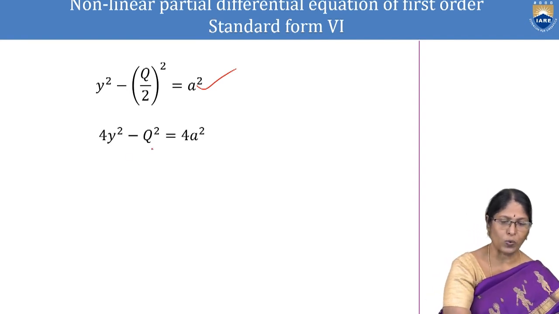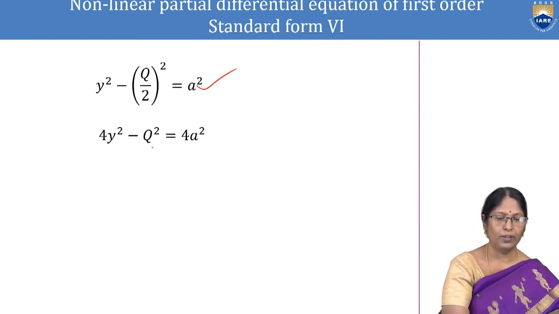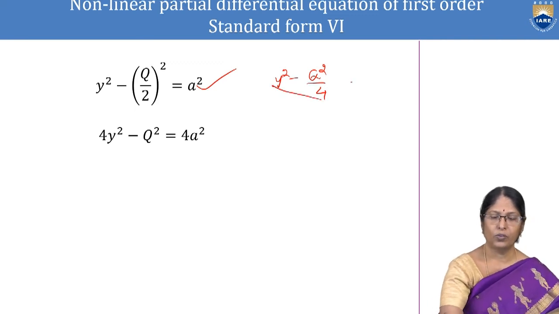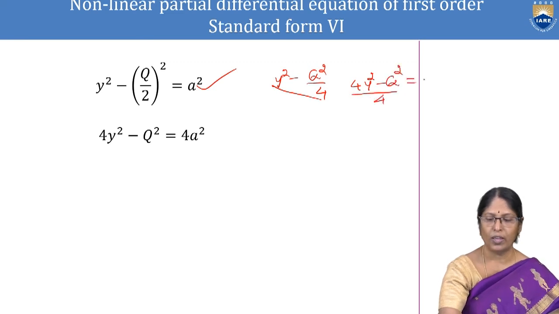So 4y square minus q square, that is here divided, y square minus q square by 4. We are taking the LCM. So 4y square minus q square is equal to a square.